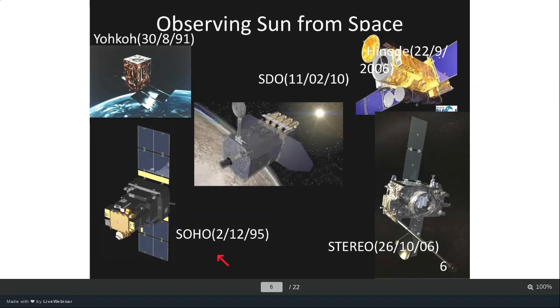It is launched on 2nd December 1995. Stereo, Solar Terrestrial Relations Observatory, is a solar observation mission. It is launched on 26th October 2006.